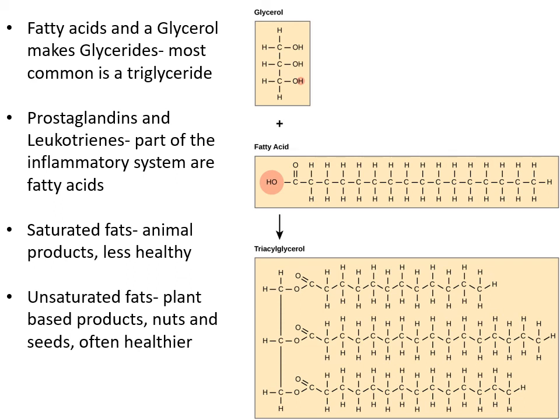It's a form of energy storage in fat cells. Now, other parts of the body take advantage of glycerides. So there's all kinds of chemicals that are used in the body that you'll hear about that are made of glycerides.